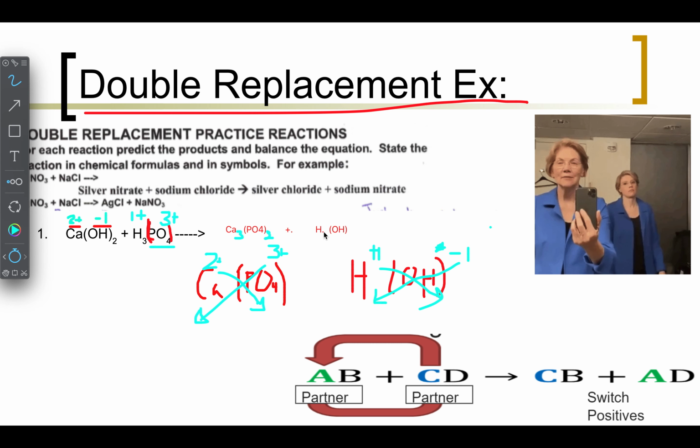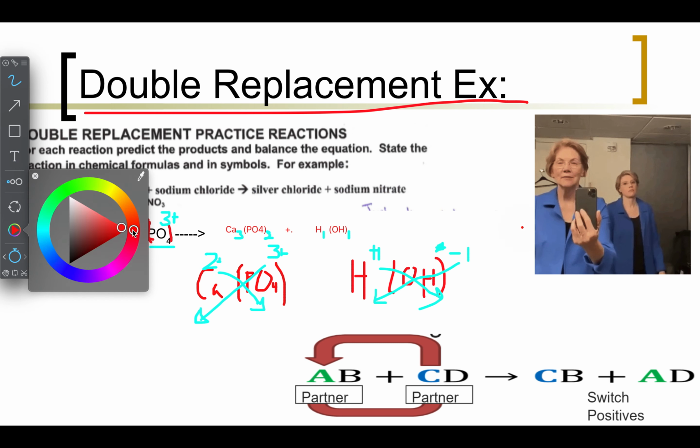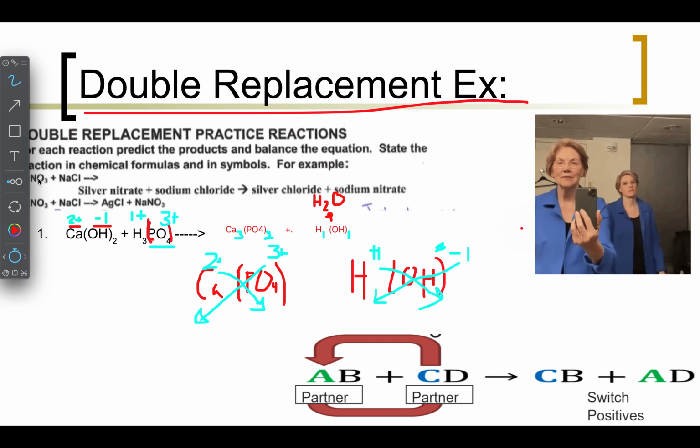So we end up with H1OH1. The hint to this HOH molecule, if we think about it enough, we realize it's just H2O. It's just water, right? That's a fun little trick there, that HOH is just water. Okay, so now we're going to write our little equation.